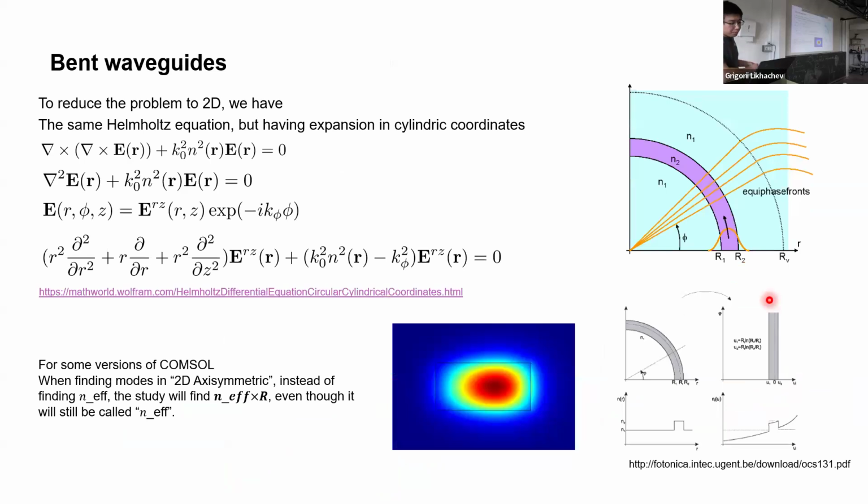And also, what I described applies to just a straight waveguide. But in many cases, you also look into a bent waveguide, for example, when you are simulating a ring resonator, or you have a waveguide bend in your design. Then there is a more or less simple way to still reduce the problem into a 2D cross section, so that you don't need to run a fully 3D simulation.